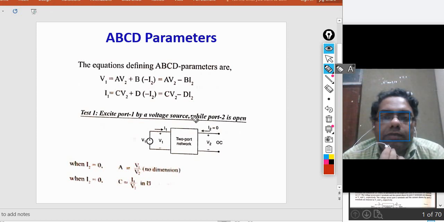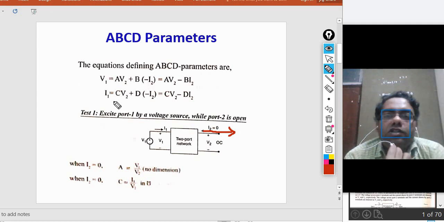Here we are putting minus because we are considering I2 in the outward direction, so it is negative. That is why we put one negative sign. So it is AV2 minus B of I2. Similarly, I1 is C of V2 plus D, and we put minus of I2. So it is CV2 minus D of I2.